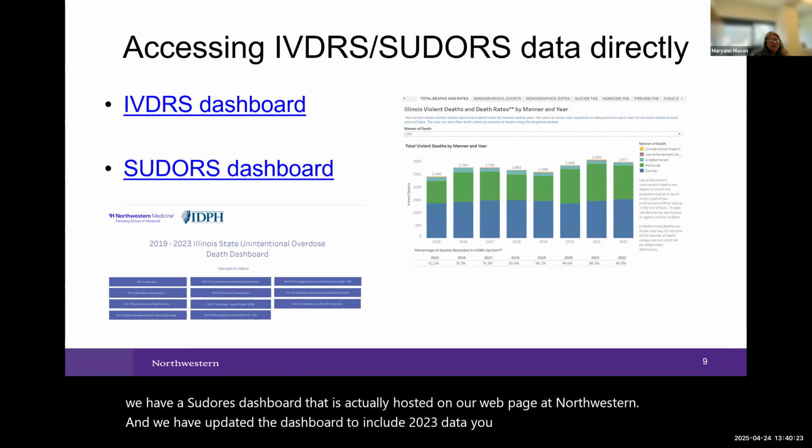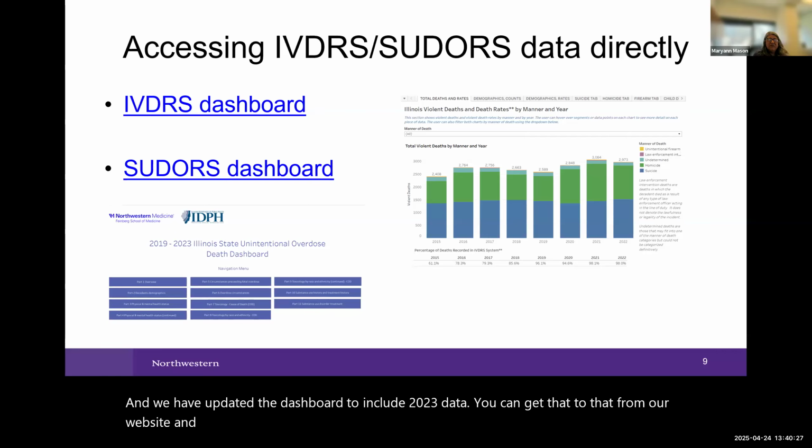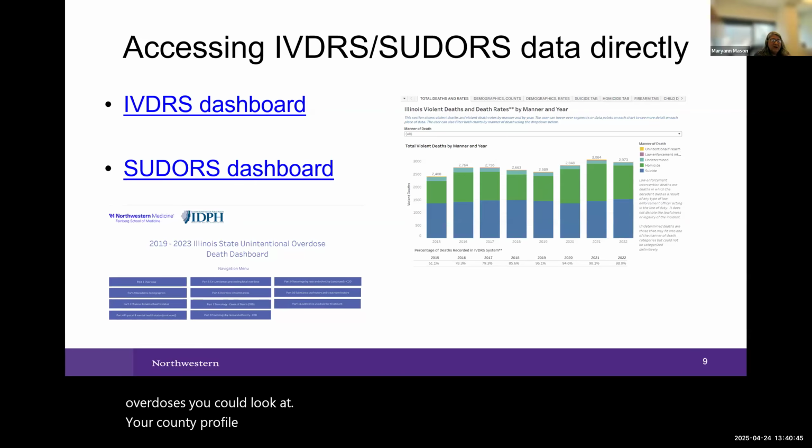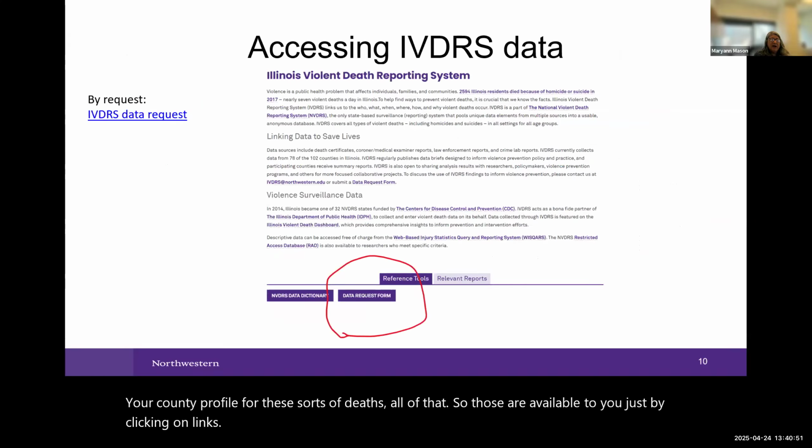You can get that from our website, and it has 10 different topic areas you might be interested in looking at. For example, you could look at race and common substances that are the cause of death in these overdoses. You could look at your county profile for these sorts of deaths, all of that. So those are available to you just by clicking on links.